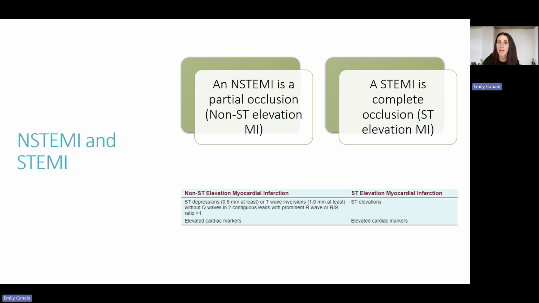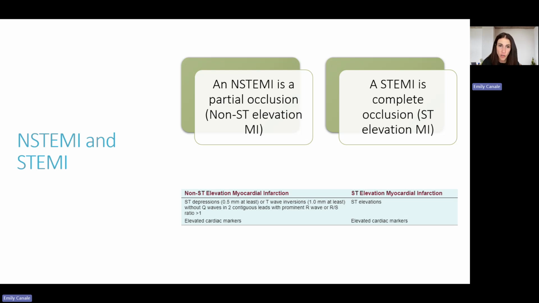When you think about an NSTEMI or a STEMI, just think about a myocardial infarction, which is a heart attack. An infarction is going to be a loss of oxygen. Myocardial infarctions are the leading cause of death, so no matter where you're working, you're going to see something like this.